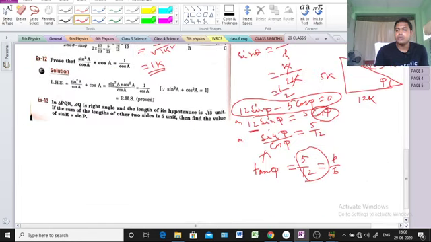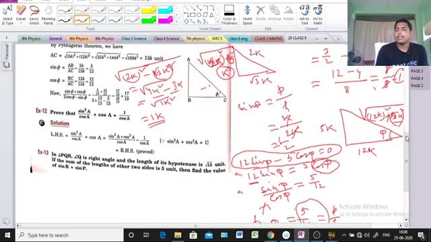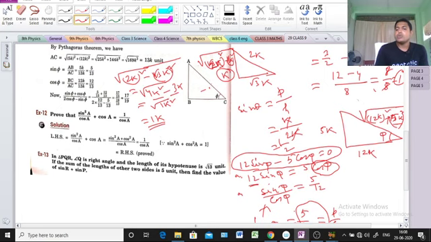Everyone do it. 12k square means 144k square and 5k square means 25k square. So 144 plus 25 is 169k square. The square root of 169 is 13, since 13 square is 169.